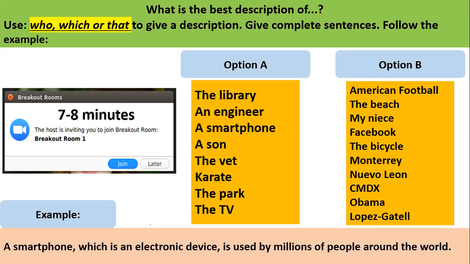For example, if I say the vet is a person who heals animals, or I can say the vet, which is the hospital of animals, is on Venustiano Carranza Avenue.